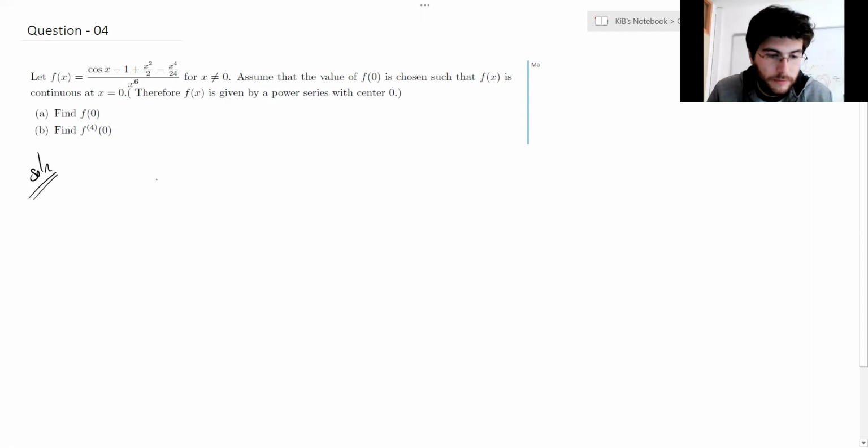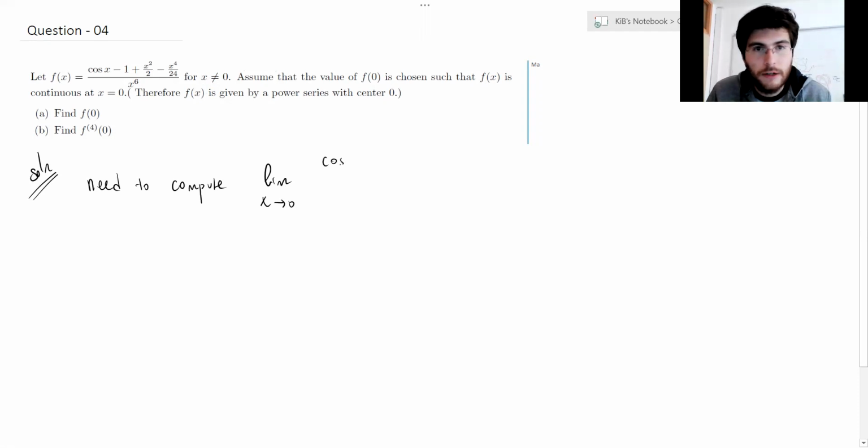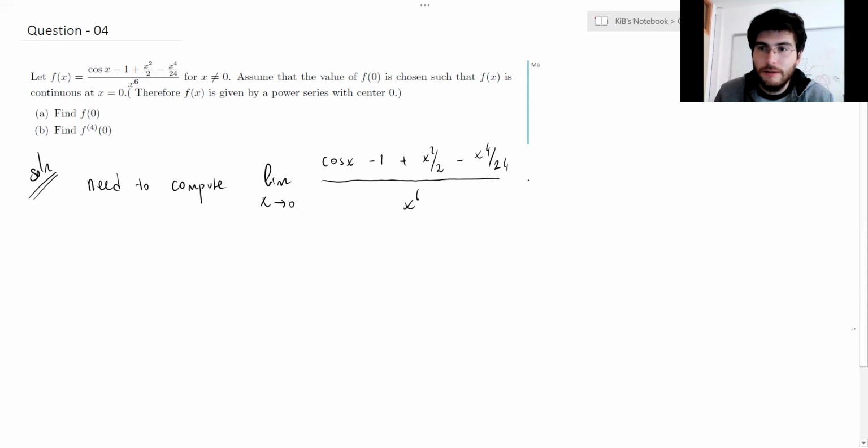Therefore, we need to compute the limit as x approaches 0 of the function cosine x minus 1 plus x squared over 2 minus x to the 4, something like this, and in the denominator we have x to the 6. So let's look at this limit.